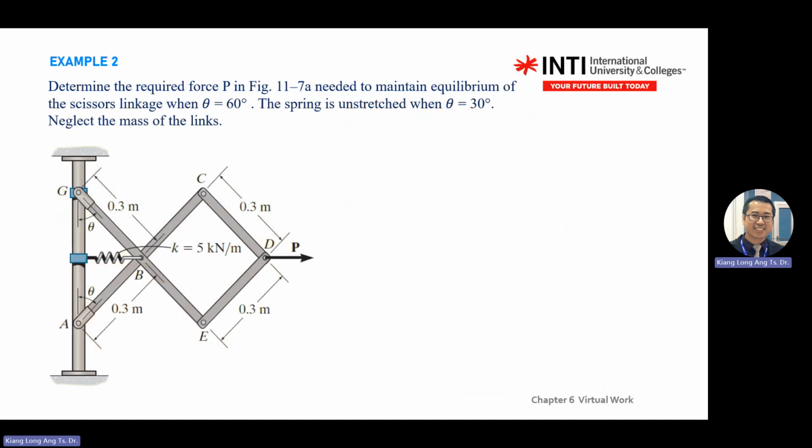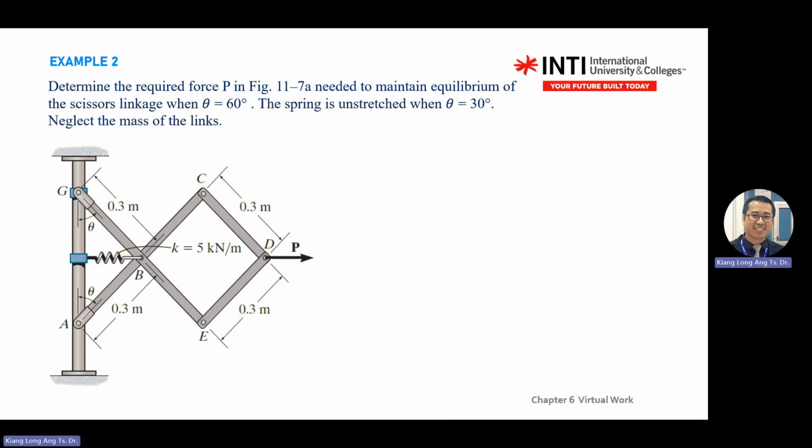Now, example 2 is the same concept. It looks complex, but if you understand the principle of virtual work, what is work, then you should be able to solve it. Focus on one member or the body. First imagine how the object will behave under a certain loading like this. Without looking at the statement, you know that when the external force P pulls here, this thing will stretch like this.